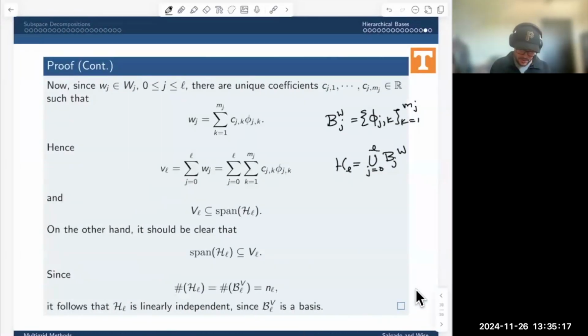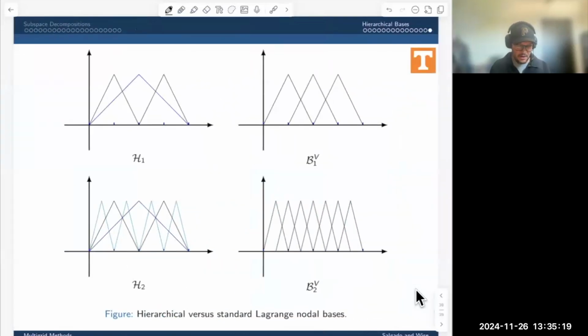And again, the picture of this is that these hierarchical bases are different than the original Lagrange nodal basis. What's different is that yes, we are using some elements from the original Lagrange nodal basis, but we're also using elements from the previous basis, the basis down below.